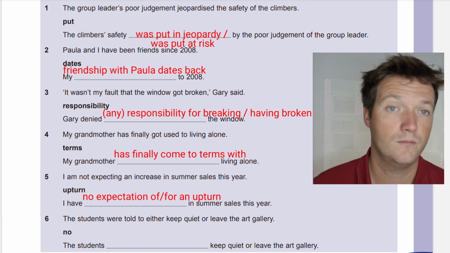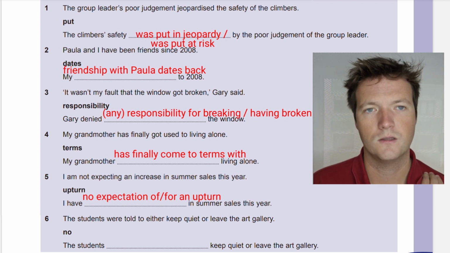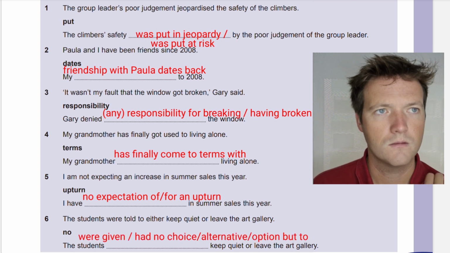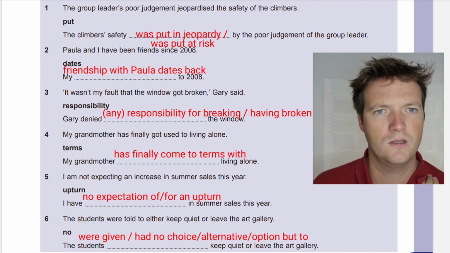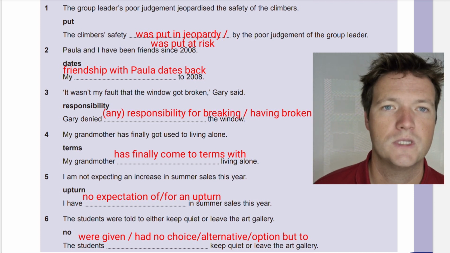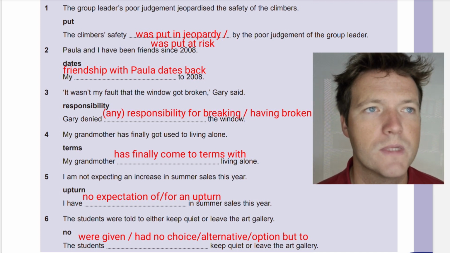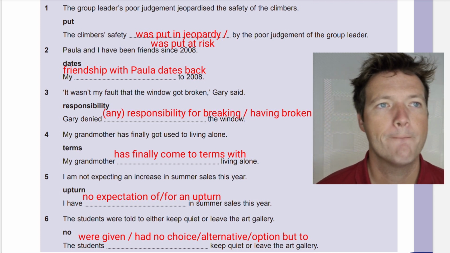I think also you could use a passive because they were told. So yeah, I think there's several options there for me. I don't think one is more correct than the other. I suppose because they were told, you might prefer to say the students were given. I think they would accept had no choice as well.